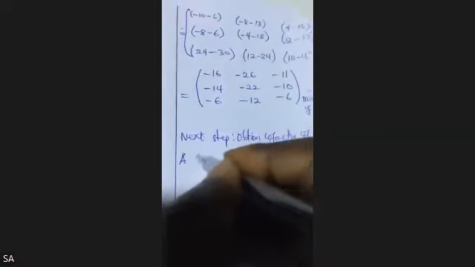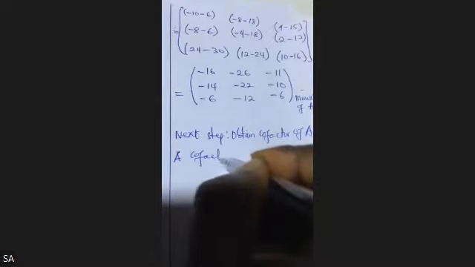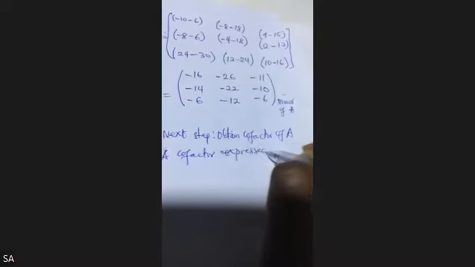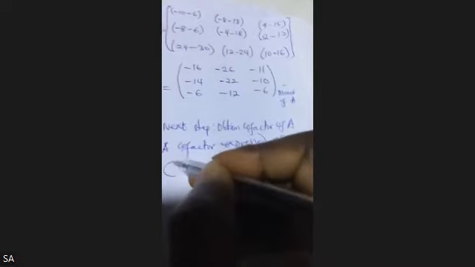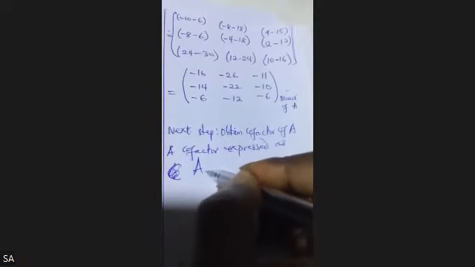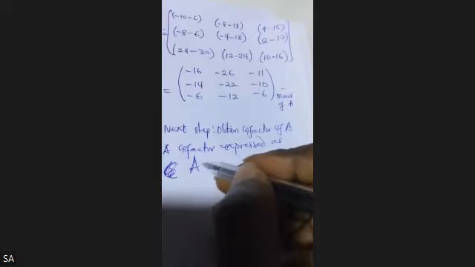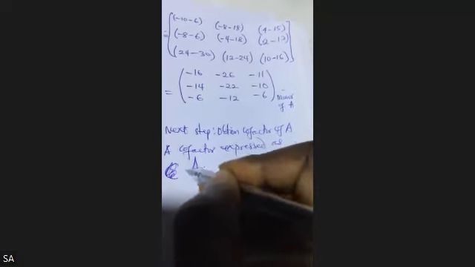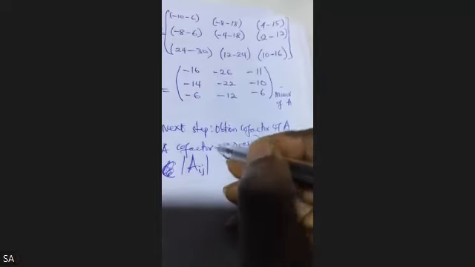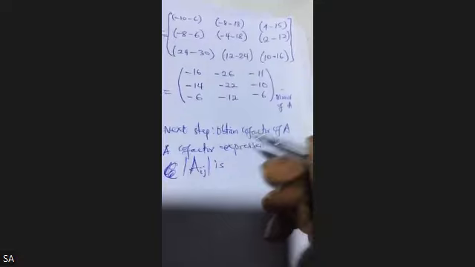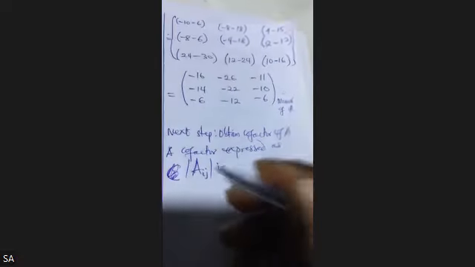A cofactor is expressed as C. Since we are using A, it is expressed as A_ij. Take note of this, class.